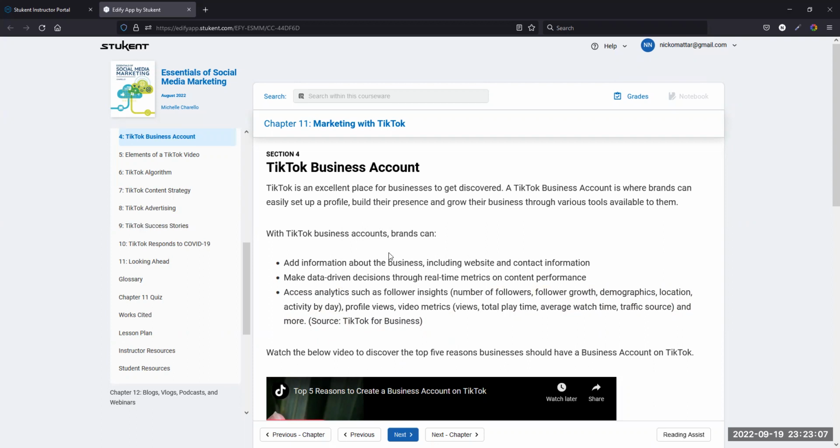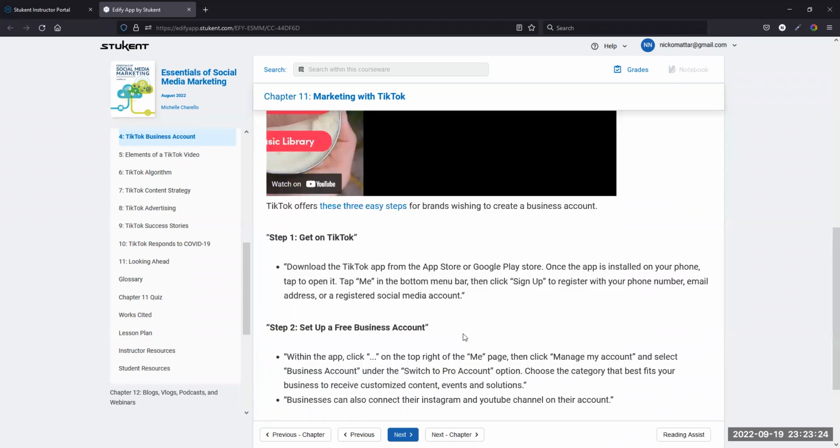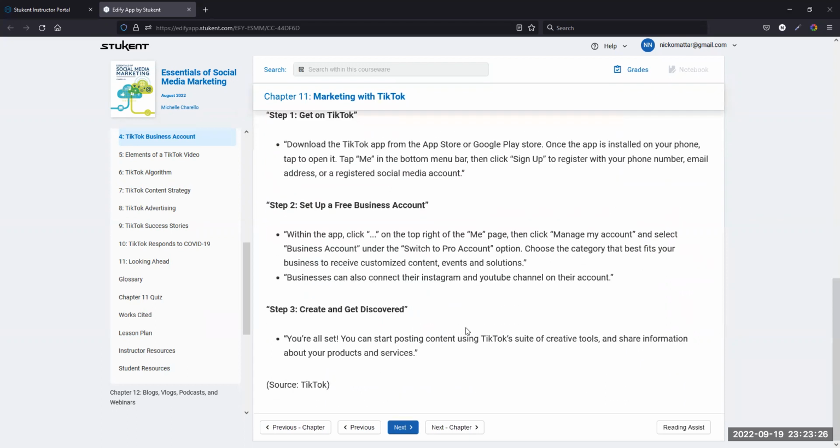I personally haven't seen any reports come out that business accounts get pushed back or don't get as many views as personal accounts. I don't have a business account myself, but some more data needs to be discovered on that before we can make any big decisions in terms of is a business account worth it, or is TikTok secretly hiding it and de-emphasizing it?